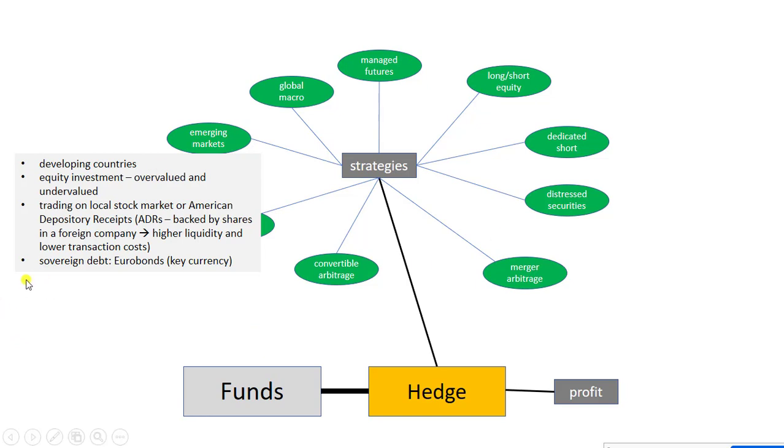And also we can see sovereign debt. Many countries are issuing their bonds not just in domestic currency, but also sovereign bonds in key currencies like US dollar, euro, Japanese yen, Chinese renminbi, Swiss franc.